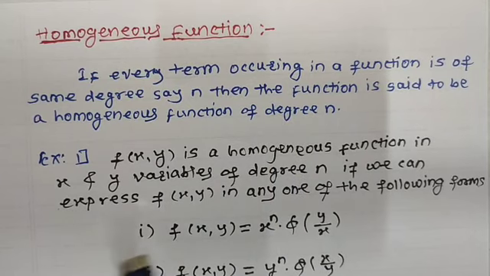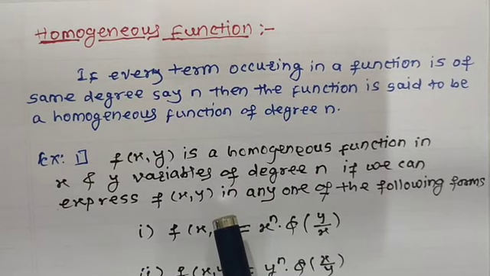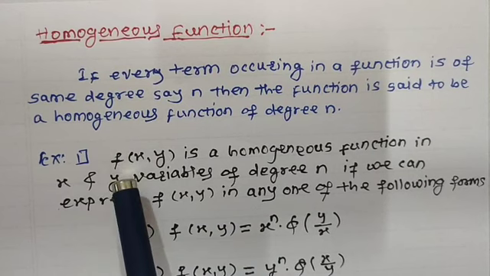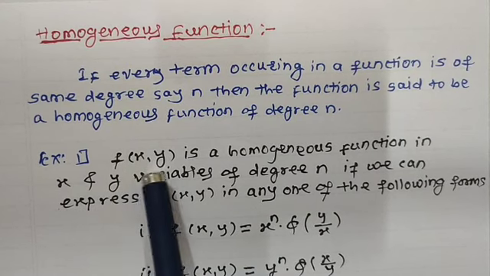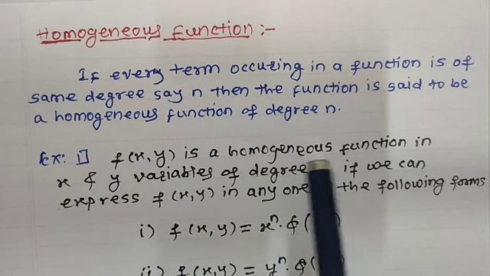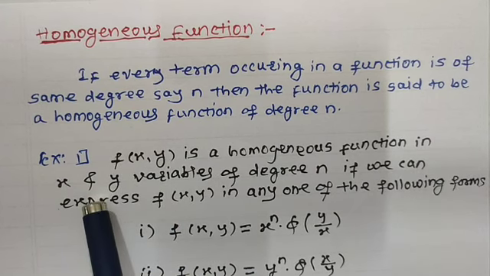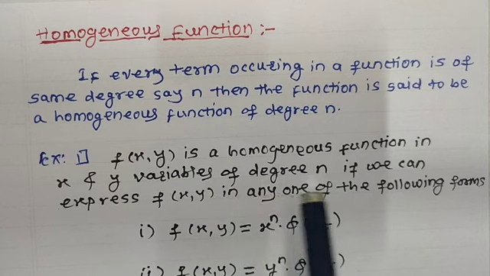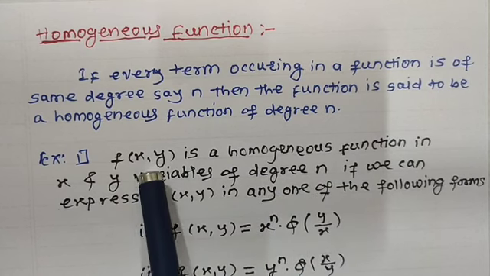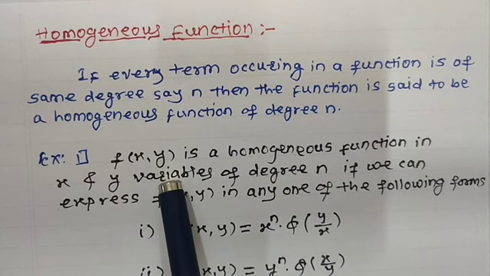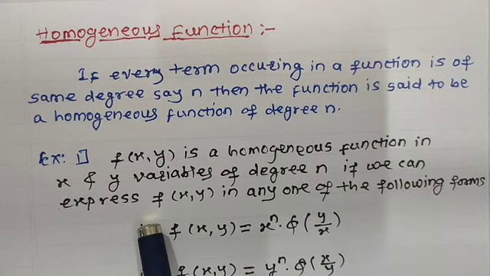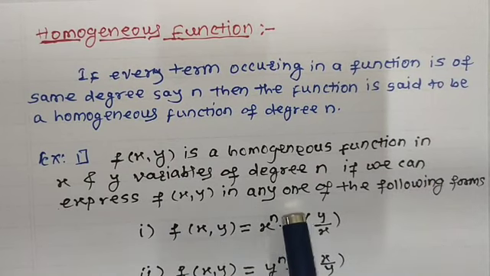homogeneous function. And here if we consider a function f of x comma y, function of two variables x and y, which is a homogeneous function in x and y variables of degree n. This function is said to be homogeneous function if we can express function f of x comma y in any one of the following forms.